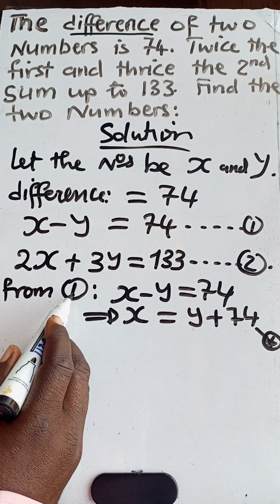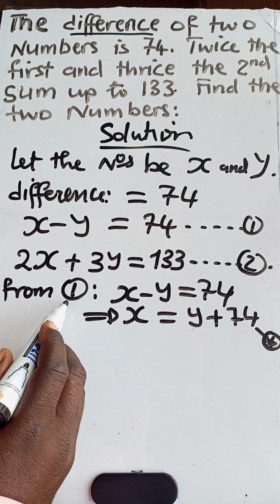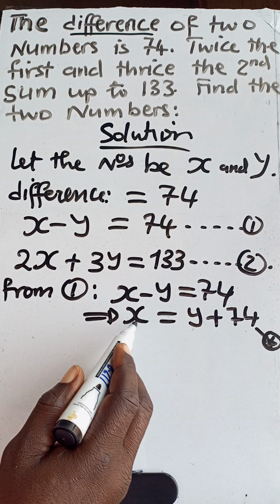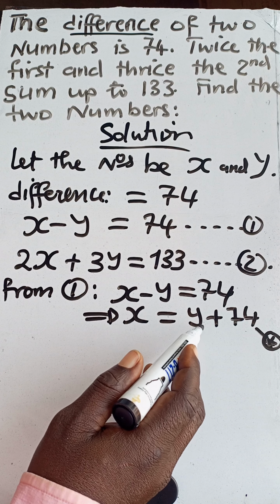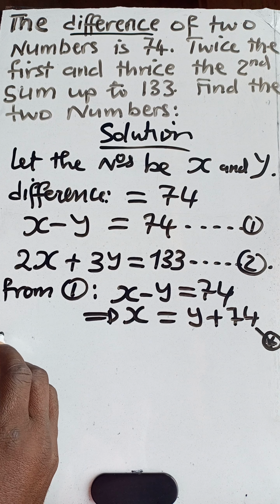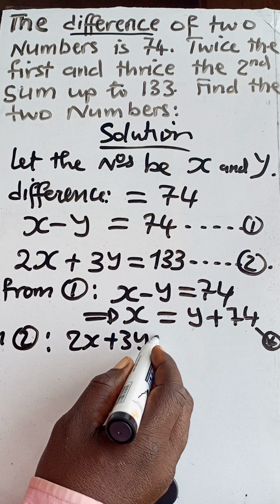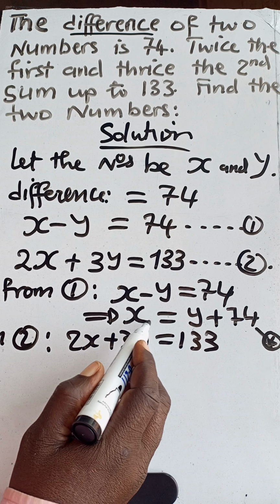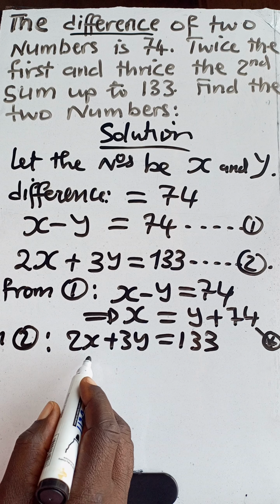Now, since I've used equation 1, I don't have the right to go back to equation 1. I now have to go to equation 2, and wherever I find x, I replace it with the expression y plus 74. Now in equation 2, I have 2x plus 3y is equal to 133. Wherever I have x, I write that expression y plus 74.